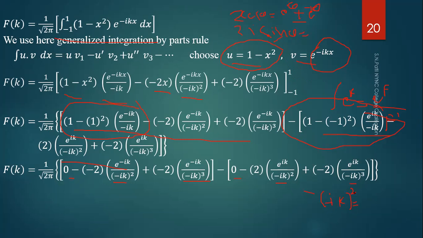Minus sign square is plus, i square is minus, and k raised to 2 means k square. So we get -k². Minus k² means all the time a minus sign, so we keep the minus sign as it is, in the denominator. Now here minus minus is plus, and with this minus sign again, here minus sign. So the numerator is plus, and we keep the minus sign in the denominator.